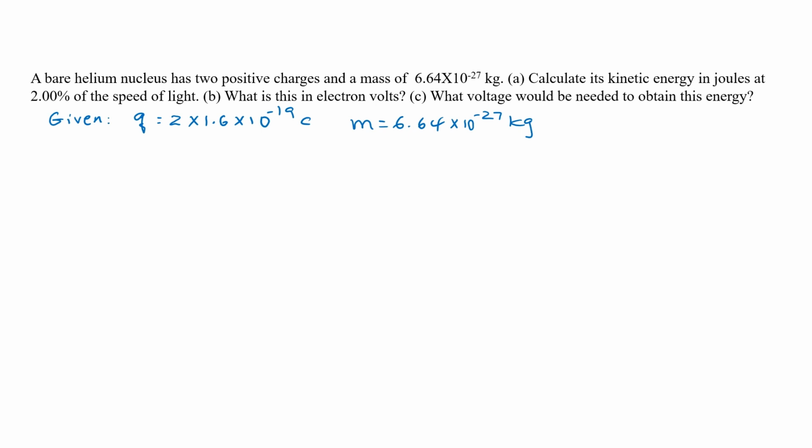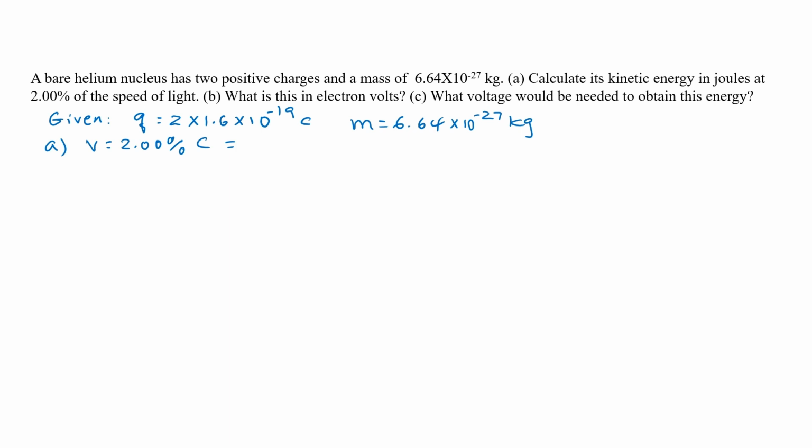And it says calculate the kinetic energy given the velocity. So velocity is given in terms of the speed of light, 2.00% of c. And we know that the speed of light is 3 times 10 to the 8 meters per second.